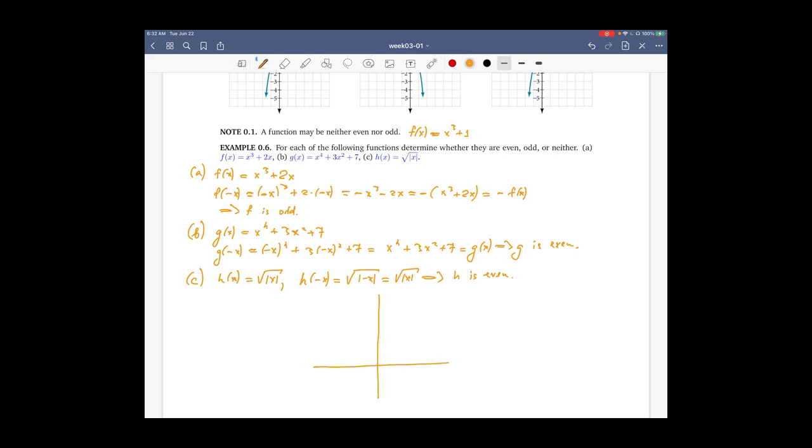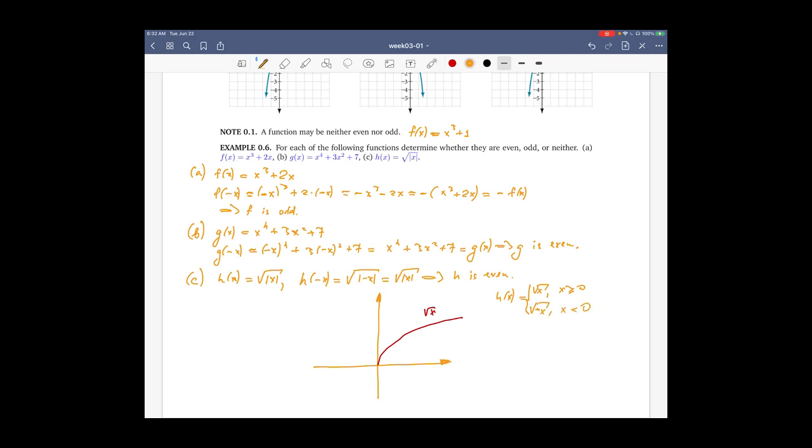Well, when x is positive, you simply get the graph of root x. And when x is negative, you get root of negative x.